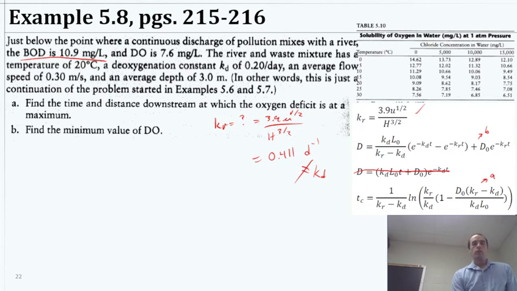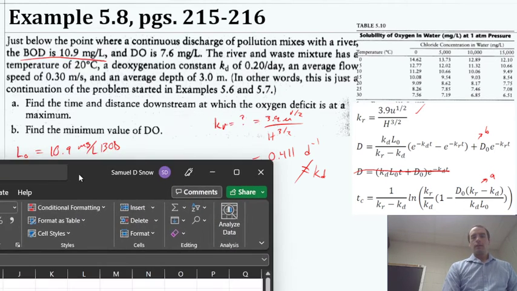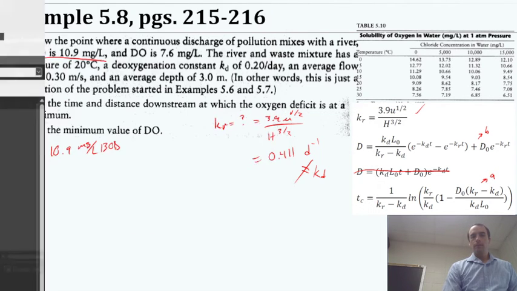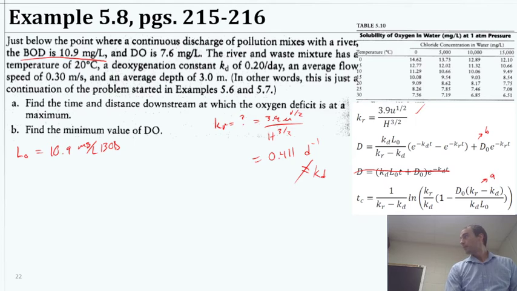But for now, since this is all we have, we're going to say L naught should be 10.9 milligrams per liter. All right, so then really we just need to put these numbers into Excel. That's my plan.